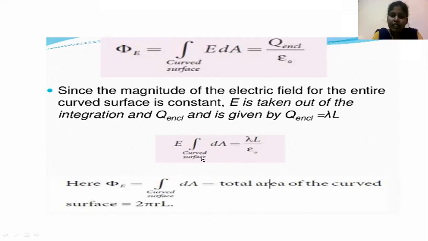Now integral dA is nothing but the total area of the curved surface, which is 2 pi R L. Substituting, E into 2 pi R L is equal to lambda L by epsilon naught. L and L cancel, so E is equal to lambda by 2 pi R epsilon naught.